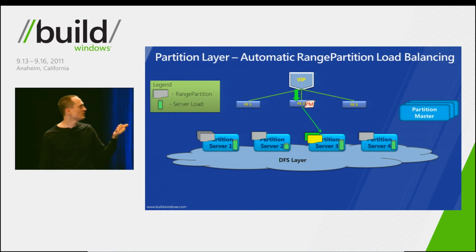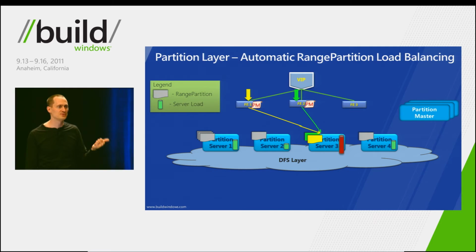Let's assume that we also have load come into this front end that says, I want the range partition that's yellow. Okay? Well, it looks at the partition map. Partition server 3 is where it's at, so it forwards the request there. But now the load's getting high on this server. And the partition master is just kicking back, watching all this go on, and says, okay, I need to reduce the load on partition server 3.